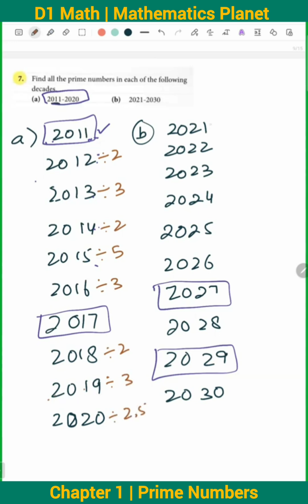2021. It is divisible by which number? 2021 is divisible by 7, maybe.